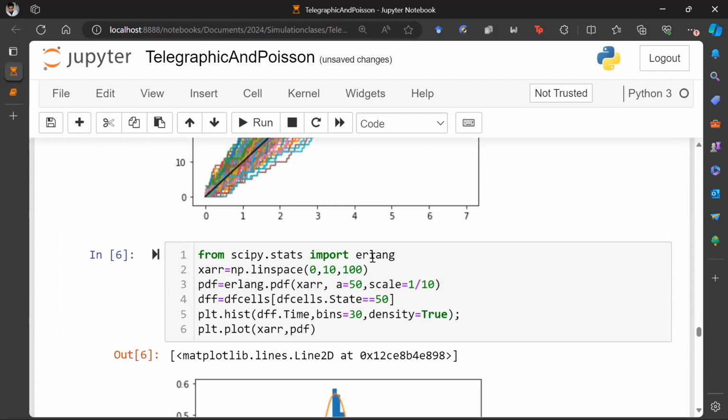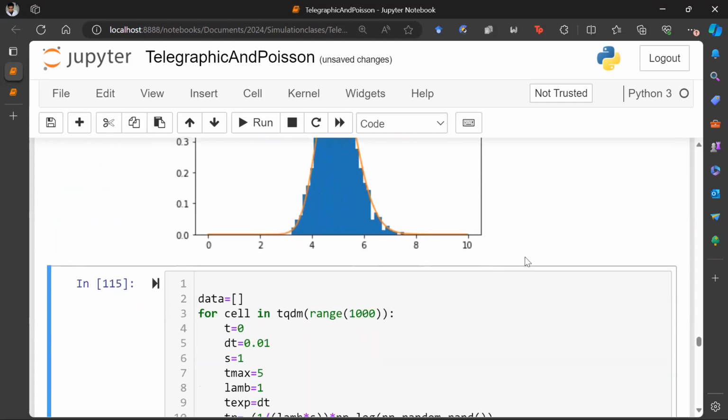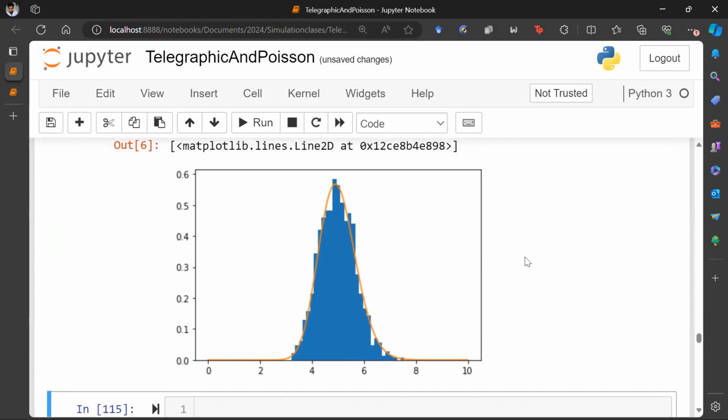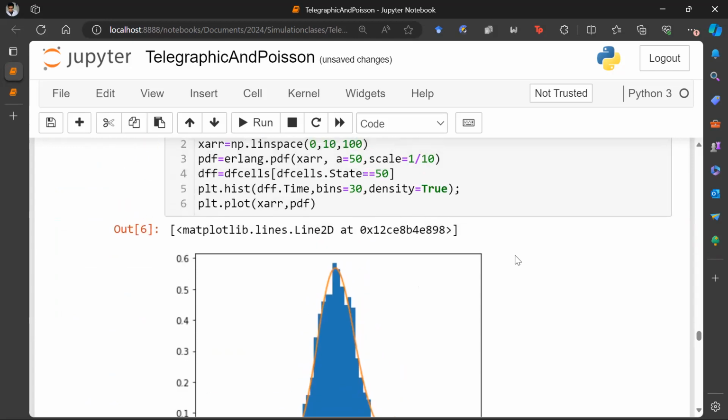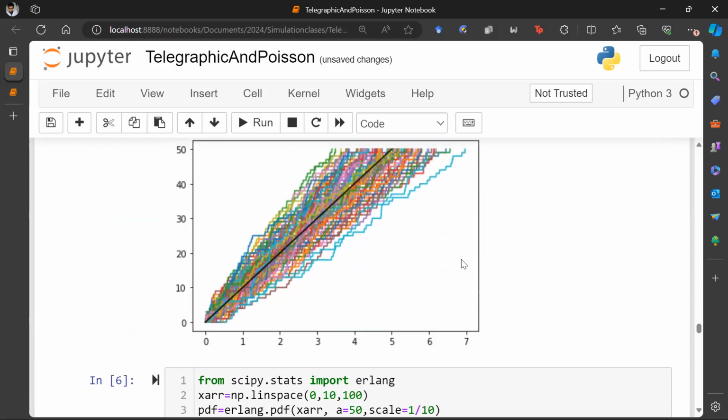So I get something like this. Okay. So here is what we do for the Poisson experiments using Q in theory or the Poisson distribution.